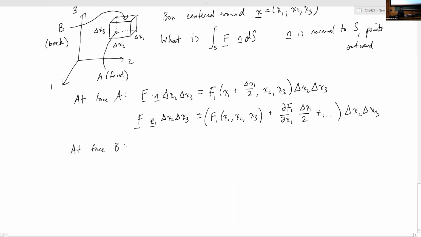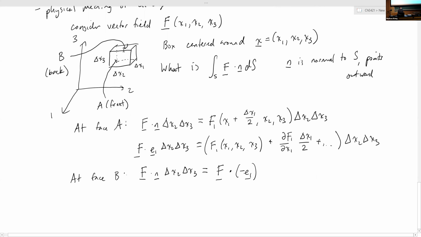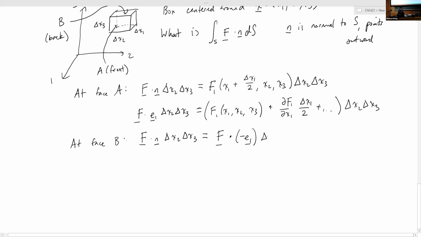Let me try that a little bit better at the next face. At face B, again we care about f dot n. It's a cube, so same area as before, except in this case we have f dot negative E1, because we're at the back face now. The unit normal now points in the negative E1 direction, towards the back. Again, times delta x2 times delta x3.